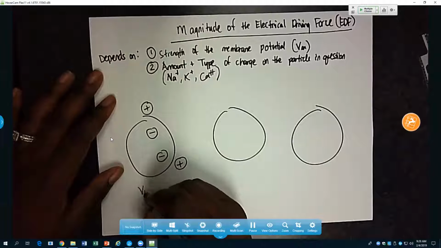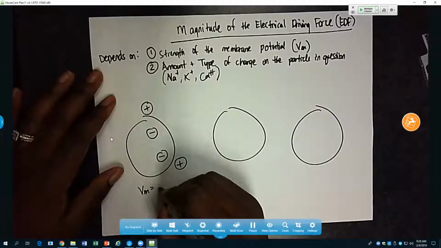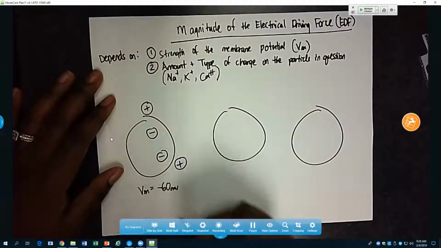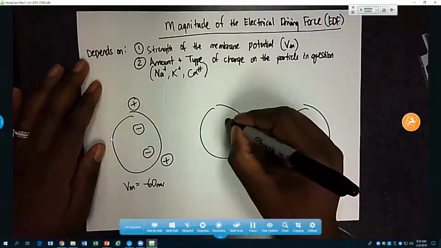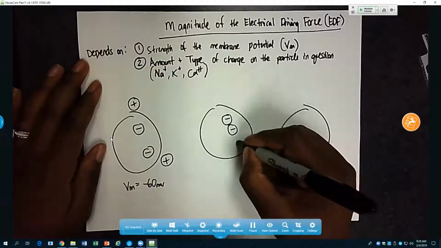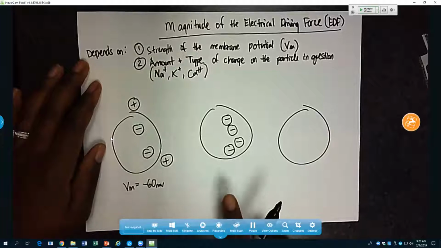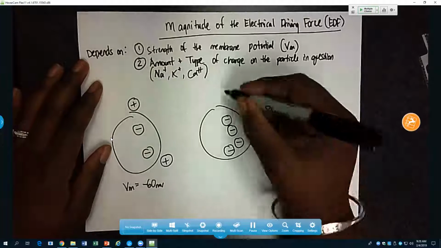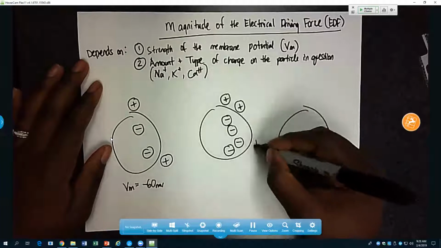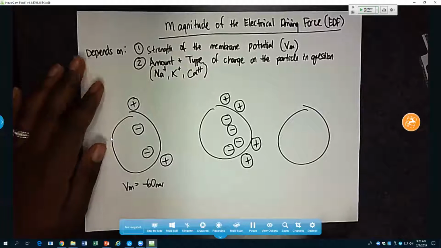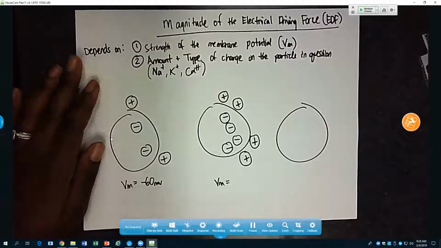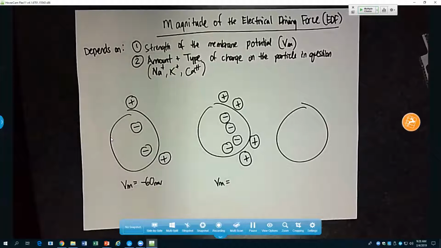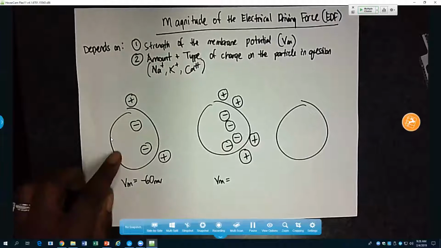The membrane potential here is, let's say, negative 60 millivolts. In our second cell, we have a similar scenario, but we have more anions inside the cell, and then we also have more cations outside of this cell. And the membrane potential here, what's the membrane potential going to be? Is it going to be bigger or smaller than that first scenario?